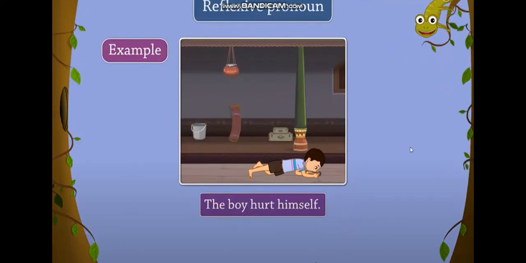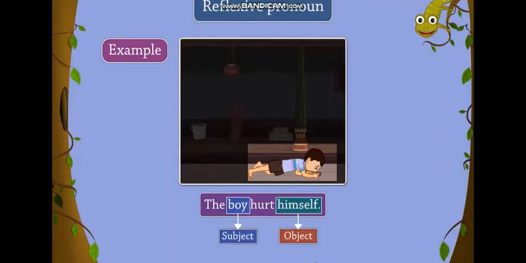Here it is reflecting towards the boy. In this example, the subject is boy and the object is himself. Both the subject and object refer to the same person, that is, the boy.